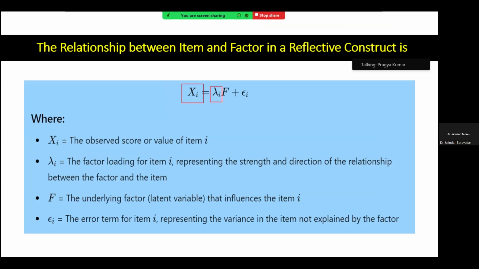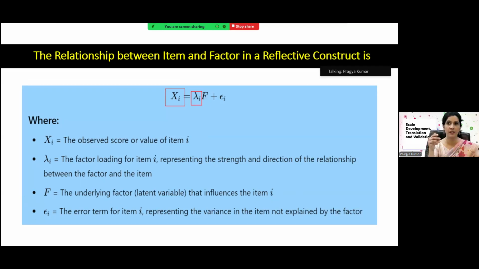Okay. Can you recall the linear equation model? Y is equal to ax plus b, where b was the error, a was the coefficient, and x was the independent variable. Here, f is the independent variable and x is the dependent variable. So what is x here? X here is the item. Remember, we call the item a dependent variable. So x is the observed score value of the item. F is the factor, like job satisfaction.